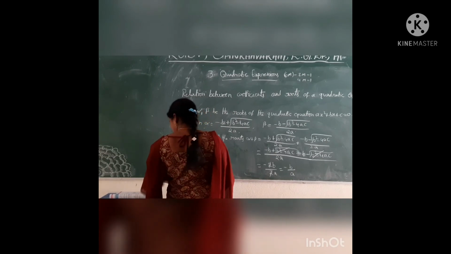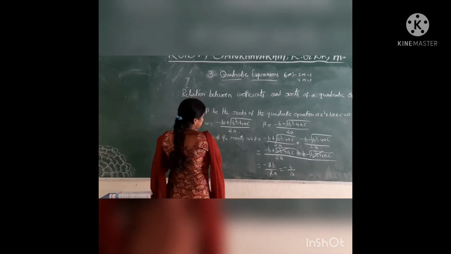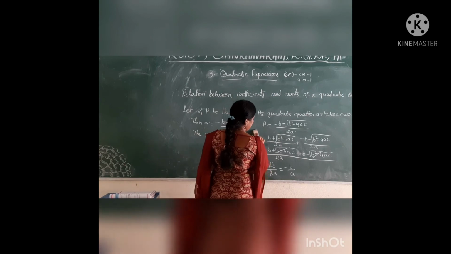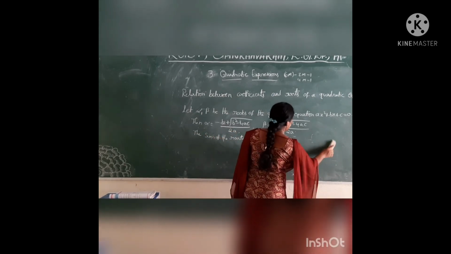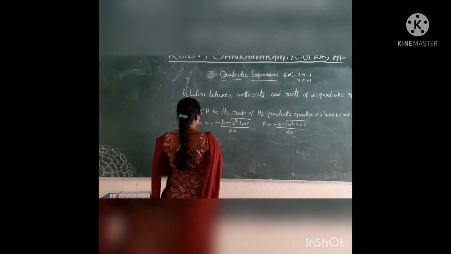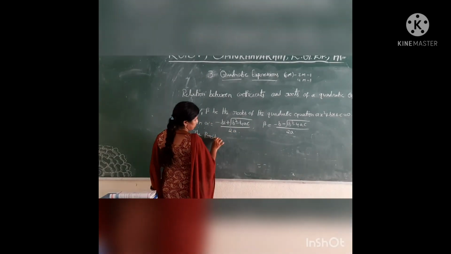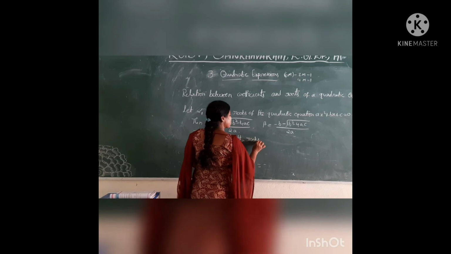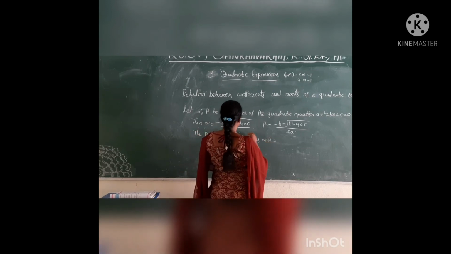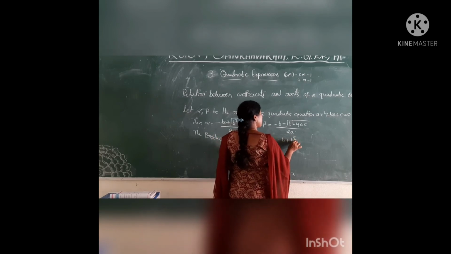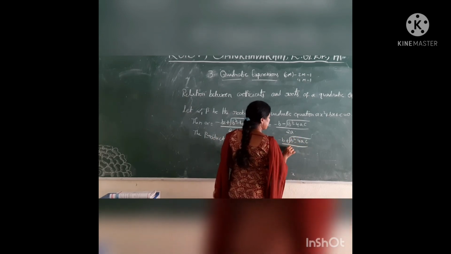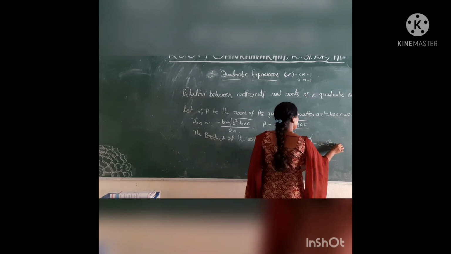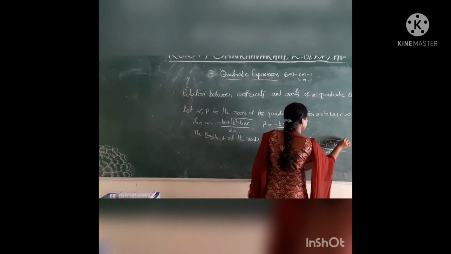And next, the product of the roots. Product means alpha into beta, that is equal to minus b plus root of b square minus 4ac by 2a into minus b minus root of b square minus 4ac by 2a.